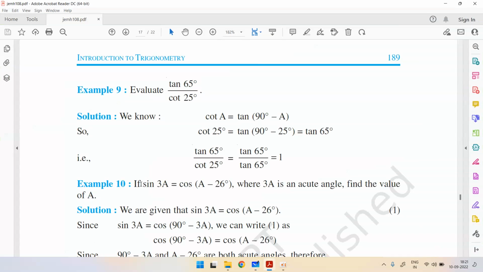Now the second question, example 10: if sine 3a equals cos of a minus 26 degree, where 3a is an acute angle, find the value of a.